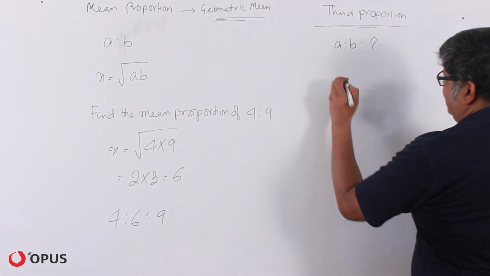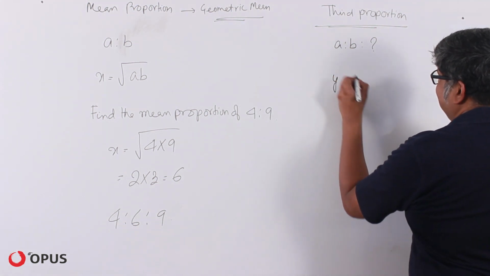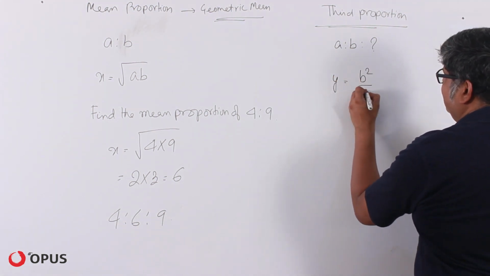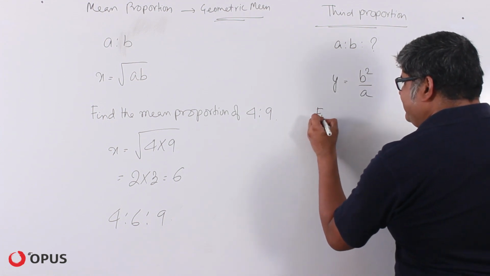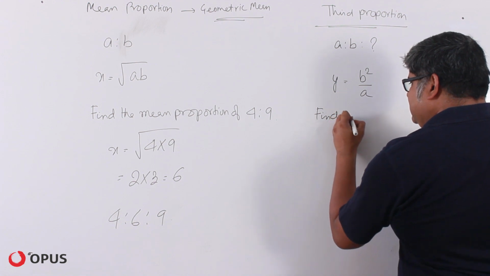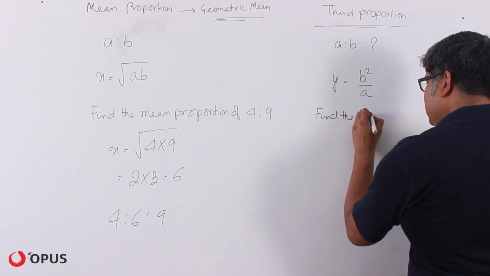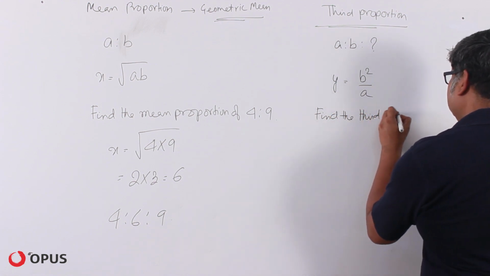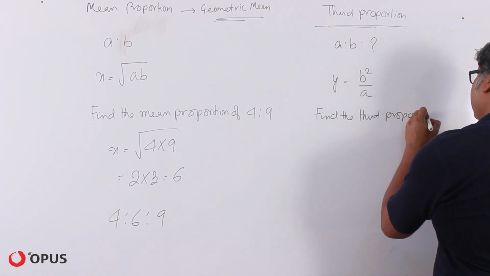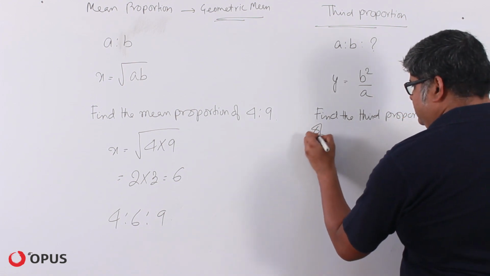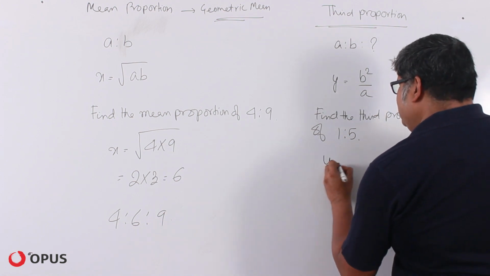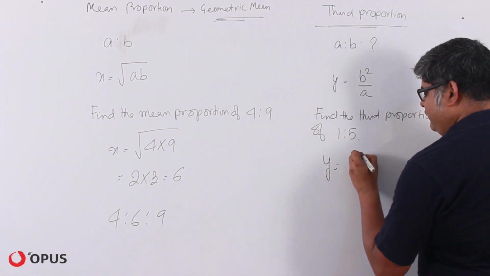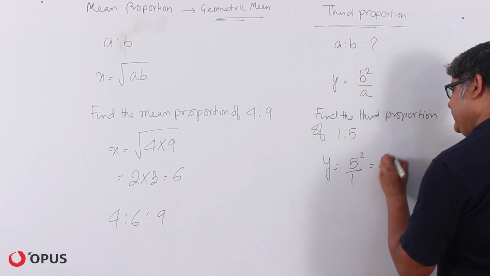So the third proportion y, let us take y in this case, will be nothing but b square by a. Now, say for example, you said find the third proportion of 1:5. So basically it's nothing but y is equal to 5 square by 1, so it's 25.